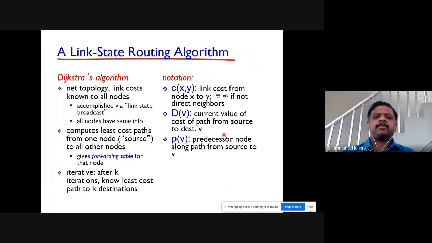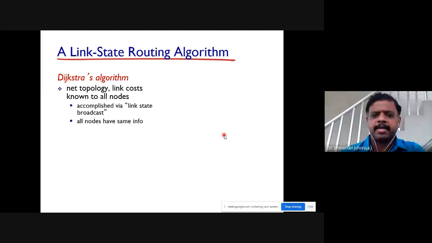Suppose A is connected to B, B is connected to C, and the path is 1 plus 1. So from A, capital D of C is 2, and who is the predecessor? It is B. The predecessor of the target node, the destination node, is from where it has come. I'll take this example again.